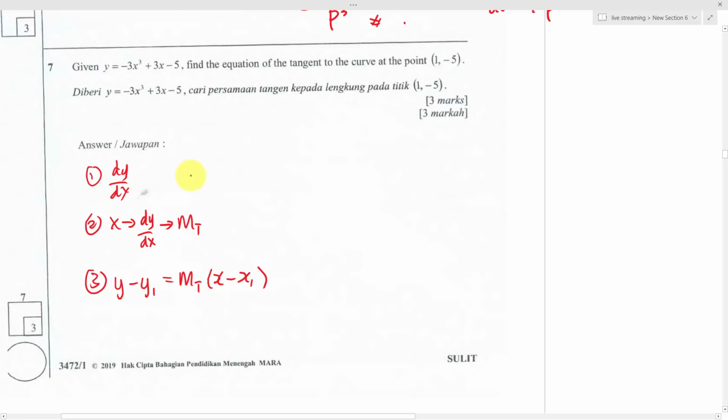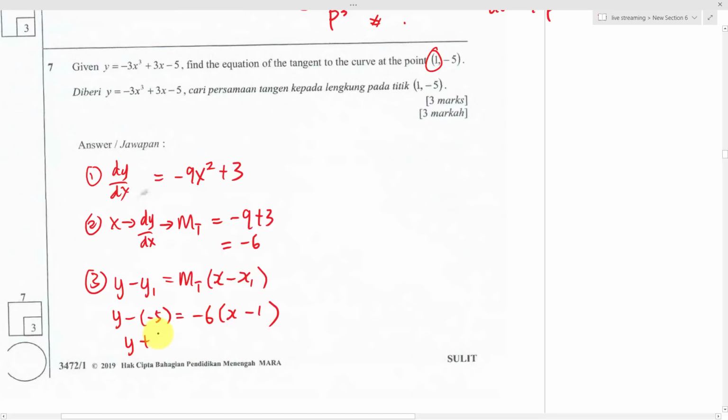So first step, I will do the dy/dx, which gives me negative 9x squared plus 3. Second step, I sub my x value, which is x equals 1, into dy/dx. So my gradient of tangent is negative 9 plus 3, which is negative 6. Then the last step, I form the equation: y minus negative 5 equals negative 6 times x minus 1.